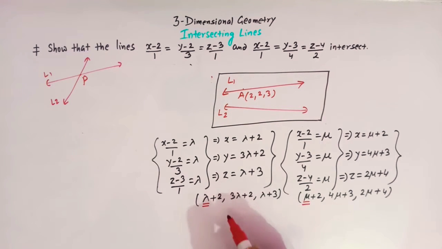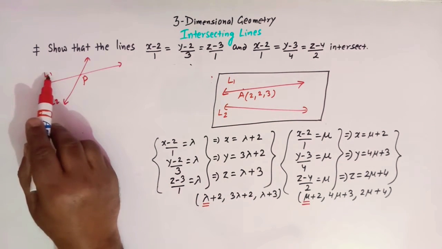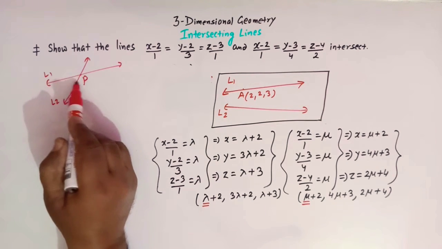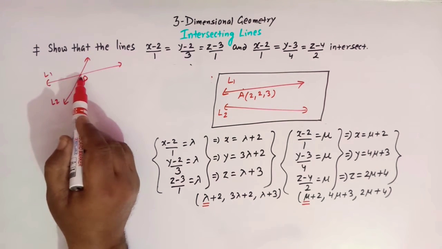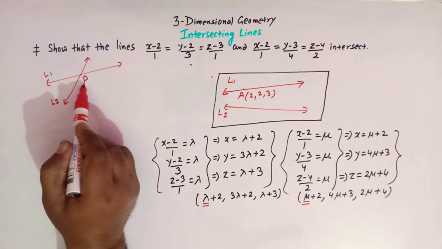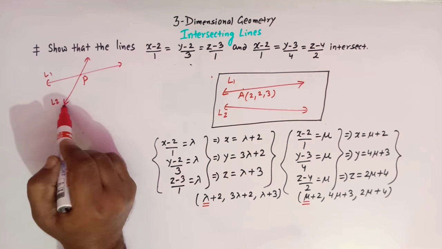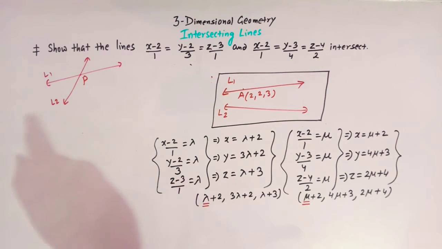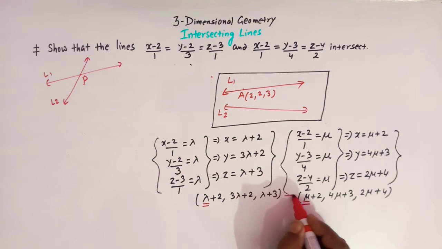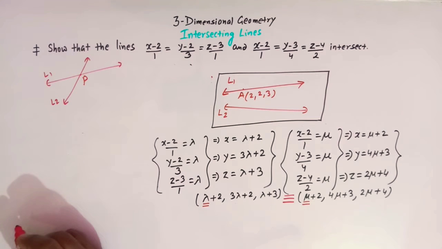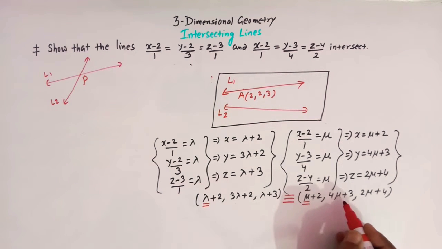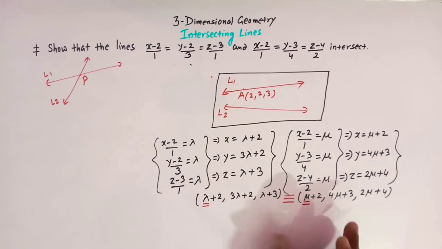So I am repeating, if the two lines intersect, then we have a point of intersection P, and this point P lies on L1 as well as on line L2, and for some value of lambda and mu, these two coordinates must be equal, right? So these two coordinates must coincide for some value of lambda and mu.